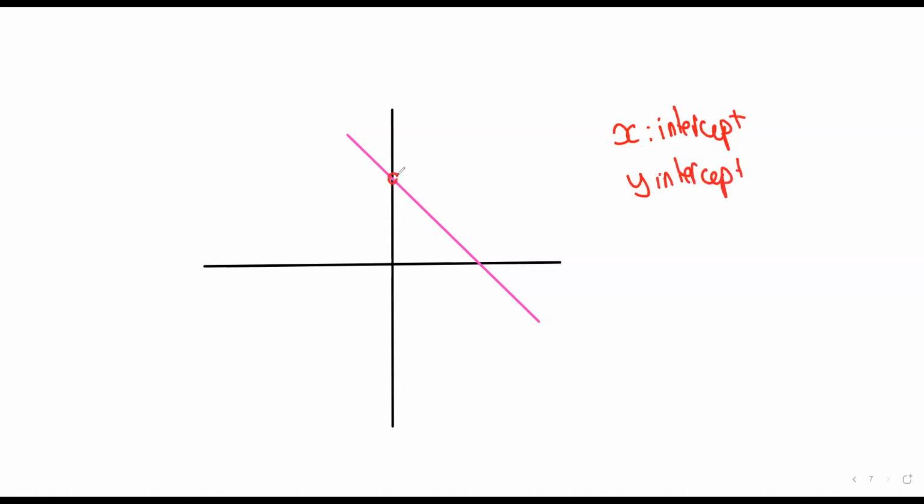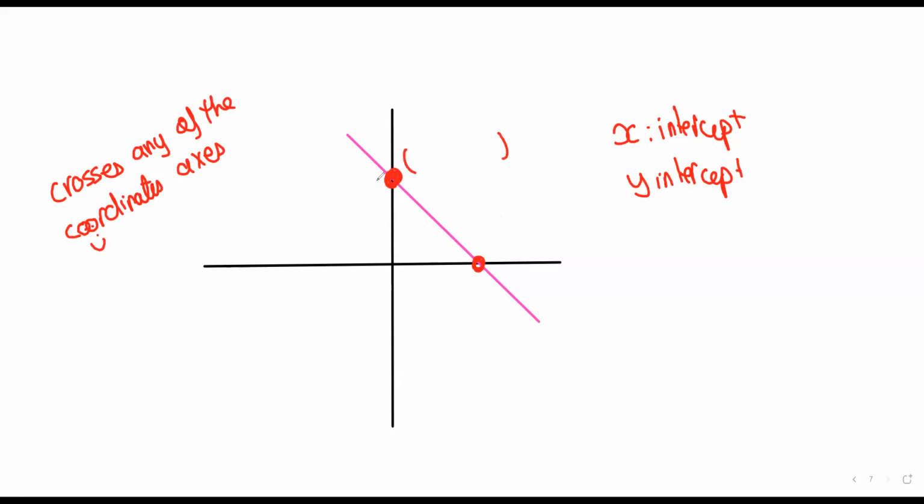The x-intercept and the y-intercept are the points in which the line crosses any of the coordinate axes. The point where the line crosses the y-axis is called the y-intercept.